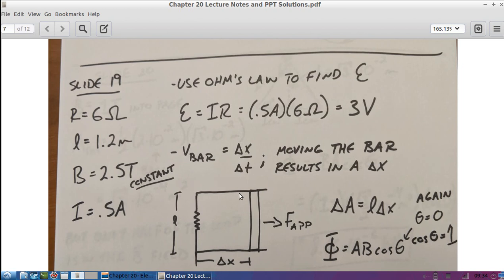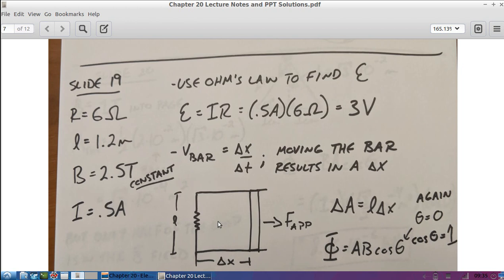I don't have the horizontal dimension of my loop, but I know it's going to be changing. When you move that bar to the right, it's going to be displaced some distance delta x. I don't know what the original dimensions are, so I won't be able to calculate the original area, but I can write it in terms of how it's changing. So that's what I'm going to do.